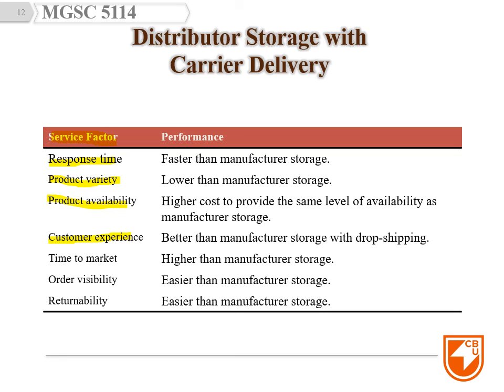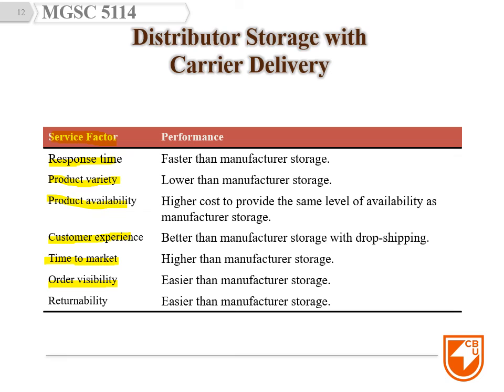Time to market could be a little bit higher because the products are not directly supplied from the manufacturer. The manufacturer has the power to design a new product and send it as soon as possible to customers. In this case, we are not supplying the product from the manufacturer place, so time to market is a little bit higher. Order visibility is easy because there is not much need for information to be shared.